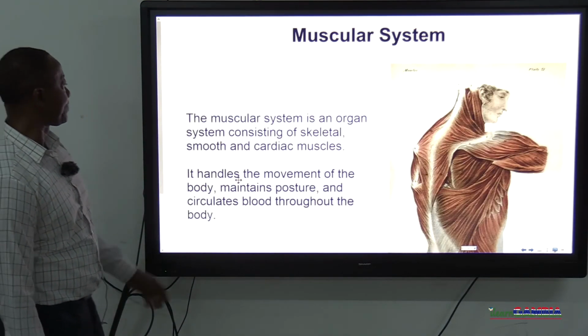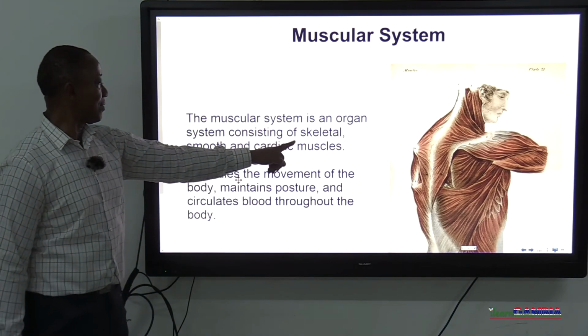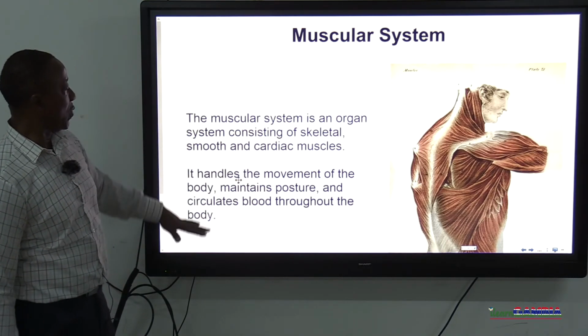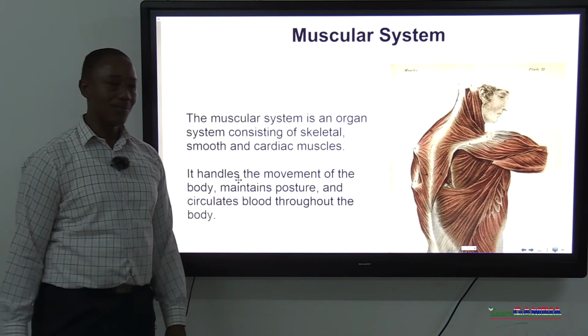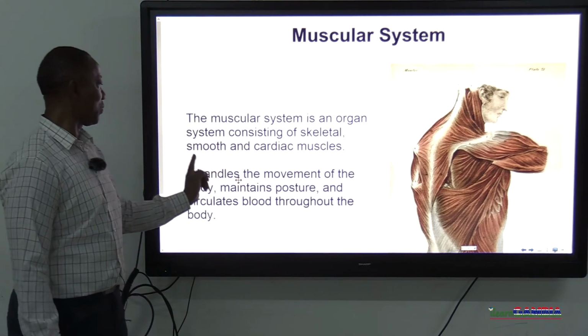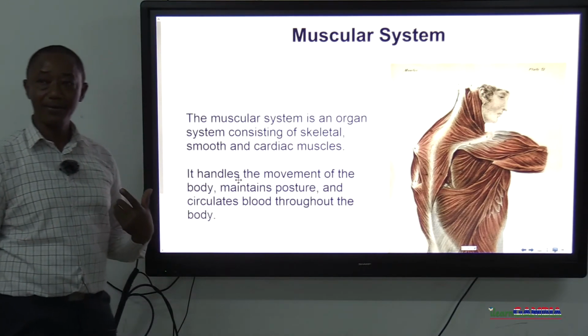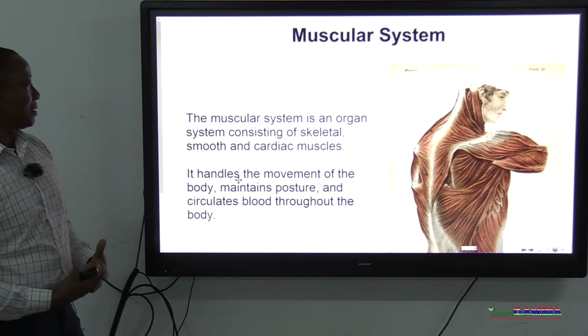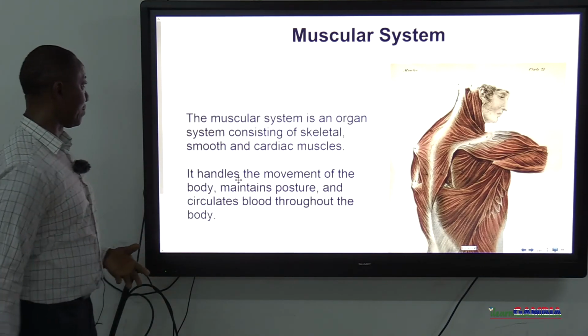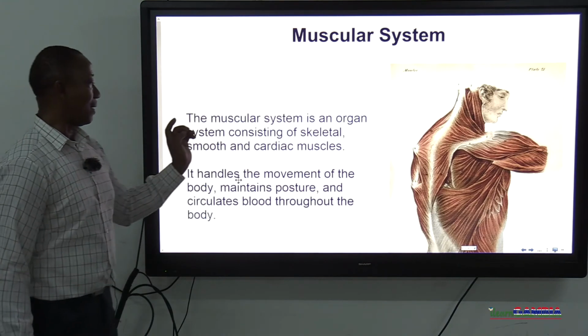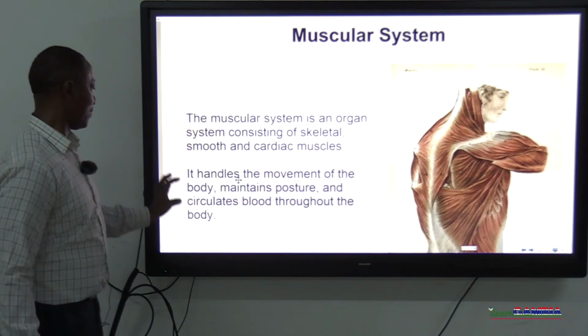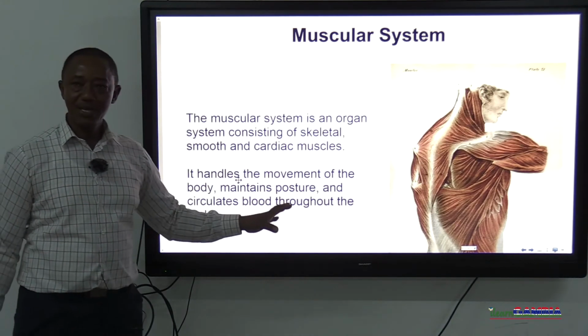The muscular system is an organ system consisting of smooth muscle, cardiac muscle, and skeletal muscle. We saw them earlier on. All of these work together as a muscular system. Primarily, they handle movement of the body, and they help us maintain posture.